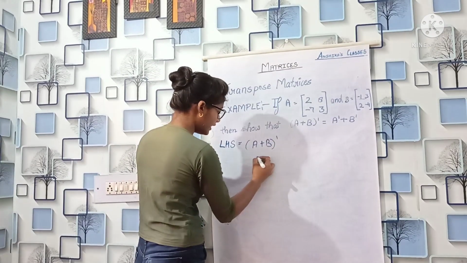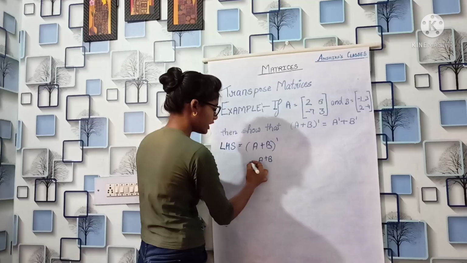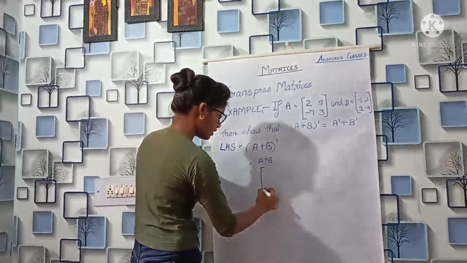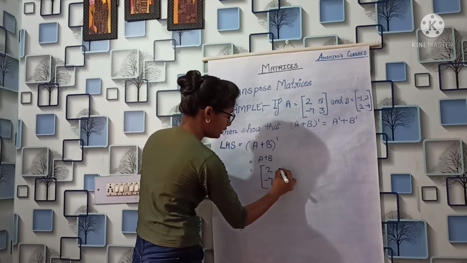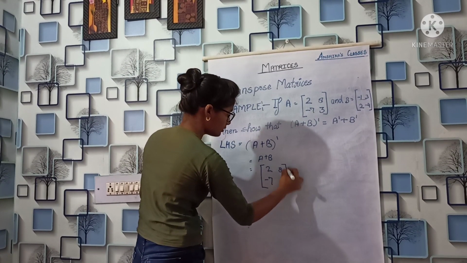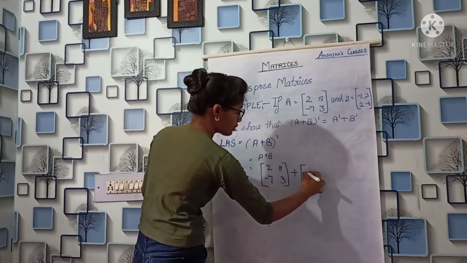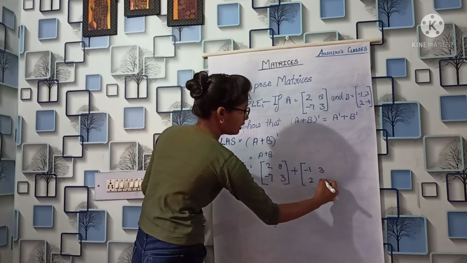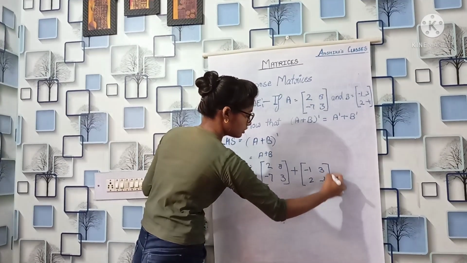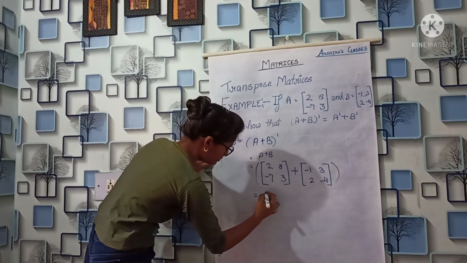Then first find A plus B. Then put the value. A is equal to 2, minus 7, 8, 3 plus B is equal to minus 1, 2, 3, minus 4. Then add them.